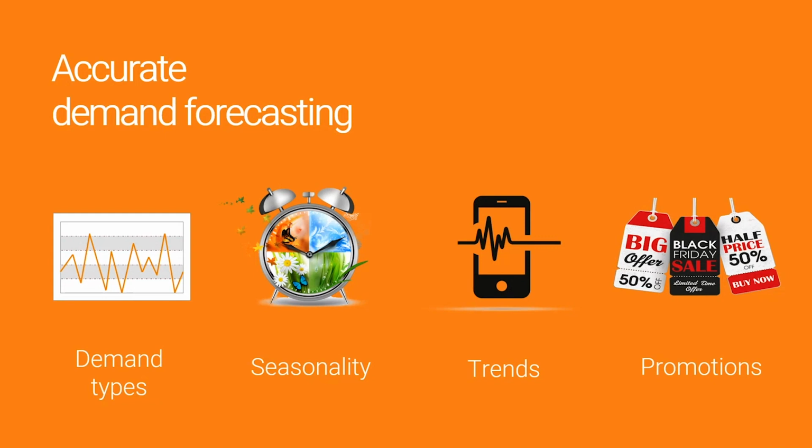It also calculates trends for each SKU, and when it deems that a trend is significant, it will adjust the demand calculations accordingly. And finally, it'll look for any special offers, discounts, or long-term price drops. And these can easily be taken account of simply by adjusting the forecast.